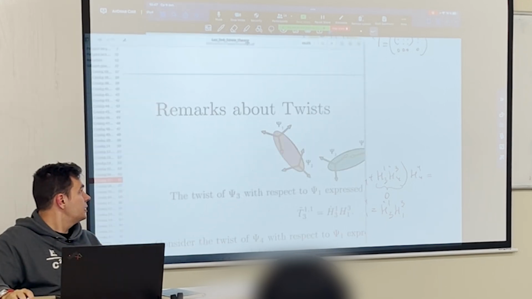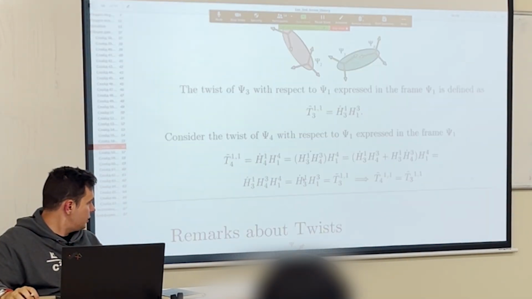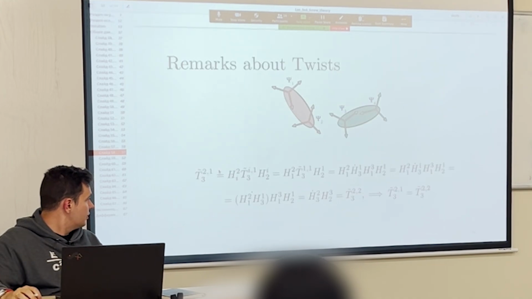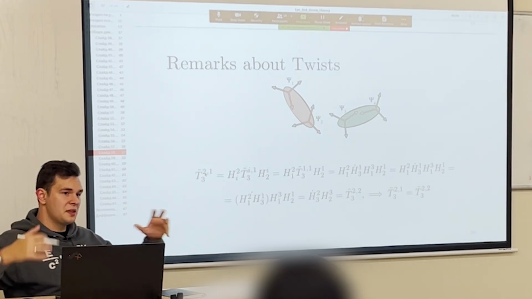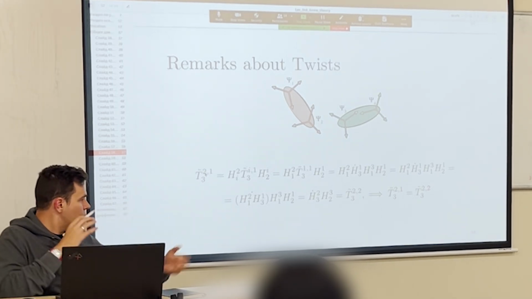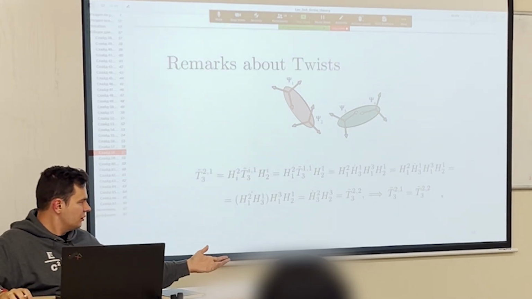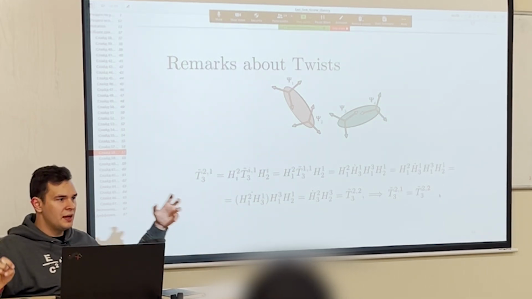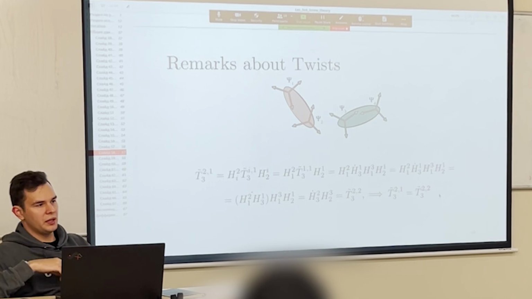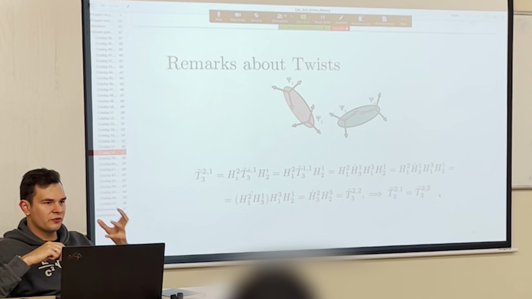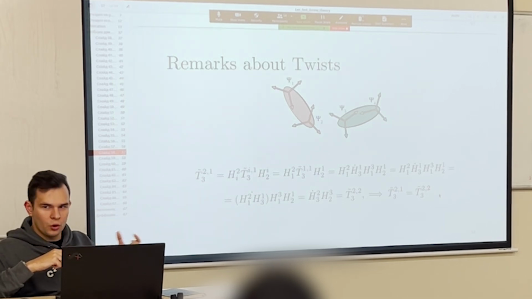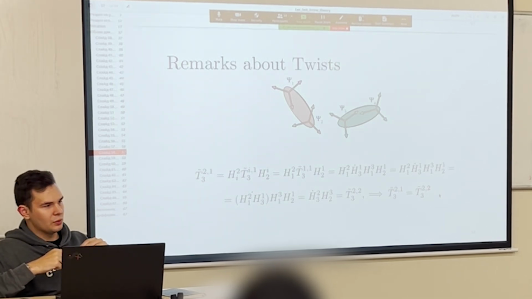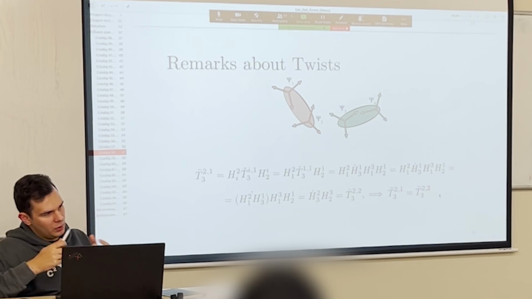And we can play with another frame. We can express the same motion in a different frame, and we'll find that the twists are the same. So the twist is constant for a body, and it doesn't depend on your choice of frame.